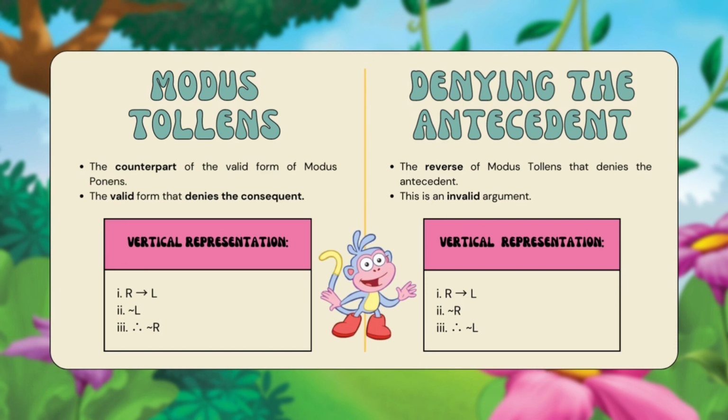If we do the reverse, affirm the consequent or deny the antecedent, we create an invalid argument. Thus, if we deny the antecedent, the first premise is if R then L, the second premise is not R, the conclusion is therefore not L. This argument is invalid and it is called denying the antecedent.